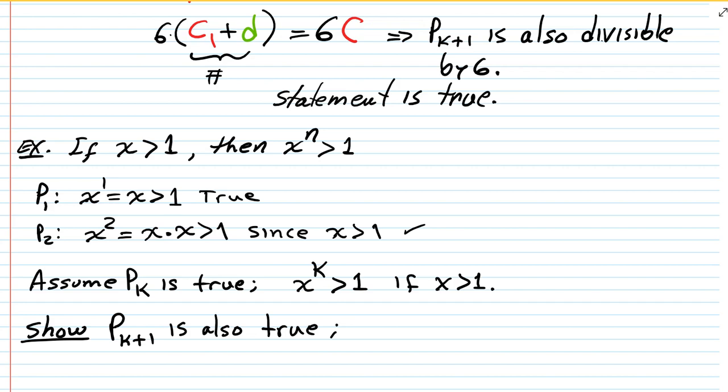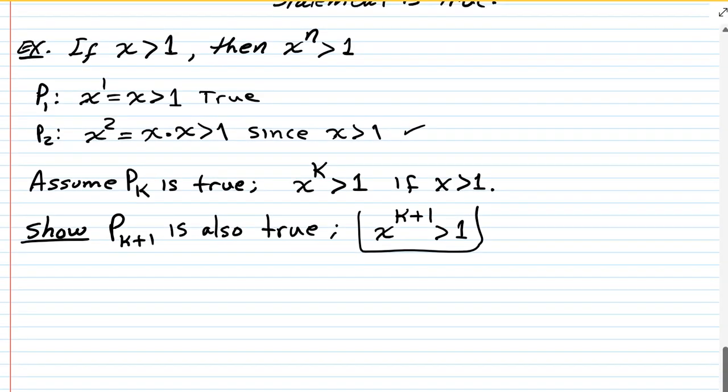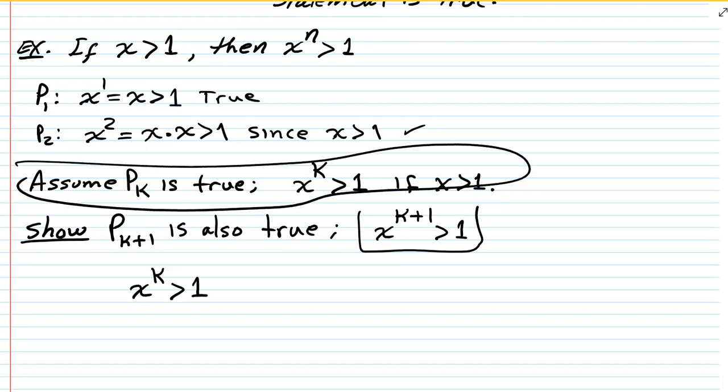What is P sub k plus 1? That means I need to show that x to the k plus 1 is bigger than 1. This is what we need to show. Well, let's begin with our induction hypothesis, because we were allowed to assume this is true. So I'm just going to start with that, and then I'm going to multiply by x.